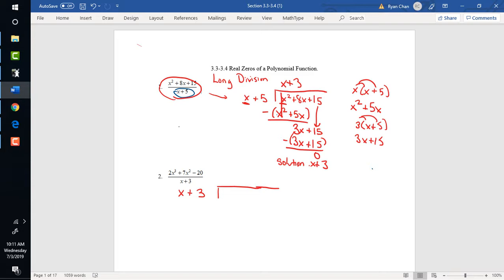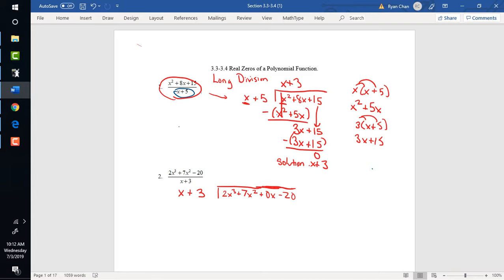Notice I have x cubed, x squared, and it jumps straight to a number. I'm skipping x. The reason we're doing this is I want to have everything go down by 1. So I'm going to insert 0x. Obviously we don't have an x, but I'm doing that as what's called a placeholder.